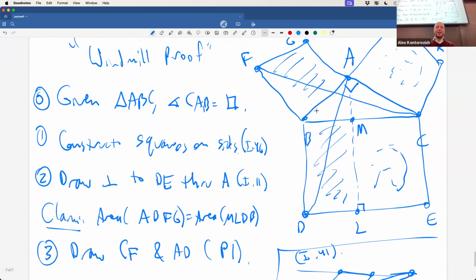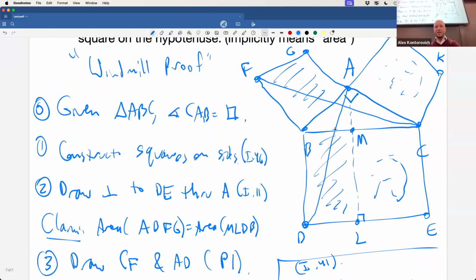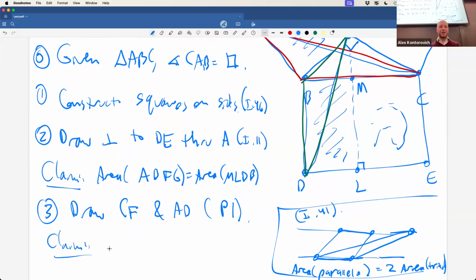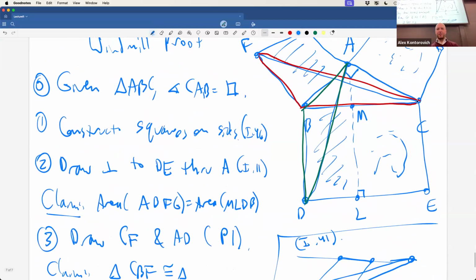Here's his claim. Before that, my claim is that this triangle CBF, let's color this in, is congruent to triangle ABD. That's the claim. Okay, I have to be a little careful.